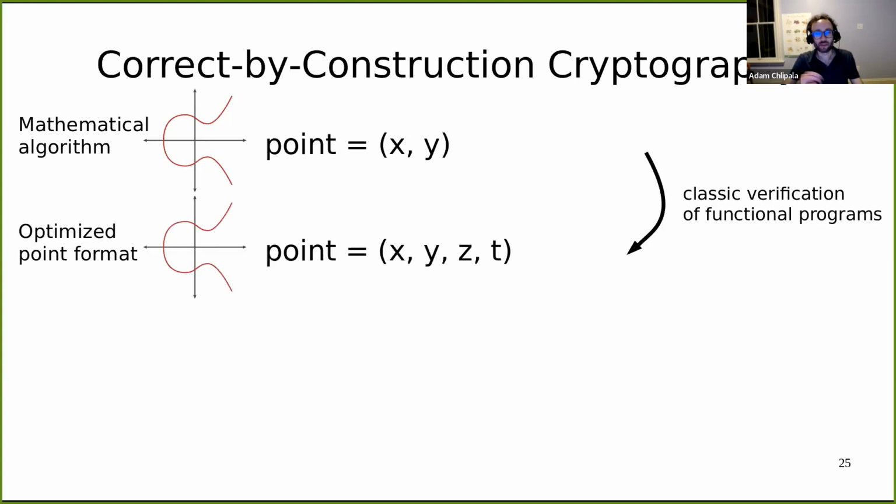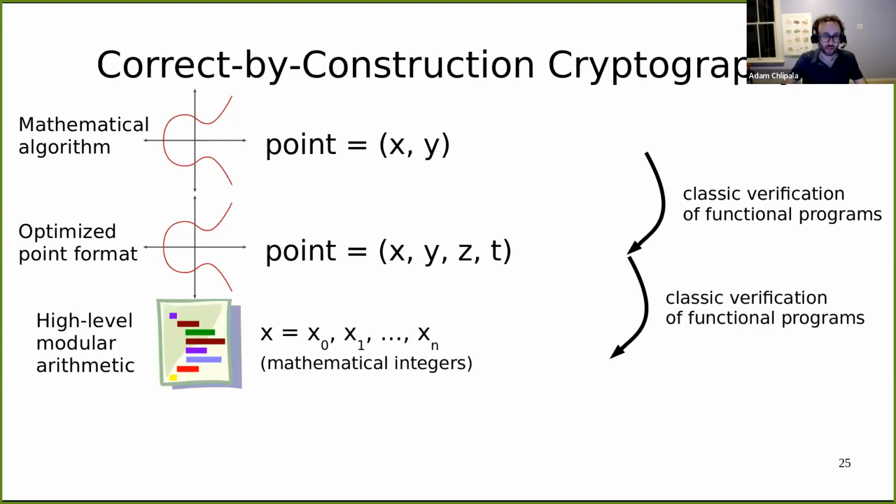And the first step of an argument taking us towards an optimized implementation is to show equivalence of an implementation that counterintuitively uses four-dimensional points, because this makes the code faster, since we find ways to avoid needing to run division or modulus instructions, which are relatively slow on commodity processors. And you can use calc, and we did, to prove that the less obvious version really gives the same answers in the end. And these are both functional programs we're talking about for these two layers.